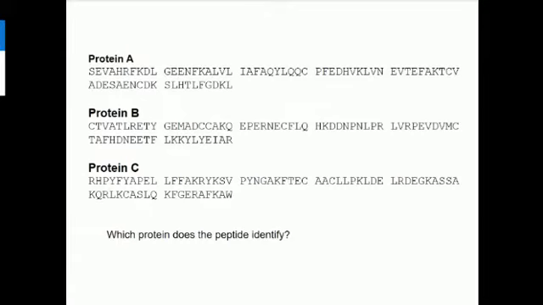Protein C. Does everyone else agree? It is protein C, you're right. Do you want to say why it's protein C? Because in the second one, you've got the sequence. So it's this peptide here. Because we deduced what the sequence of this peptide was, we can look at the protein sequences and say, where do we see that sequence, and identify the protein. So we know we've got protein C, not protein A or protein B.